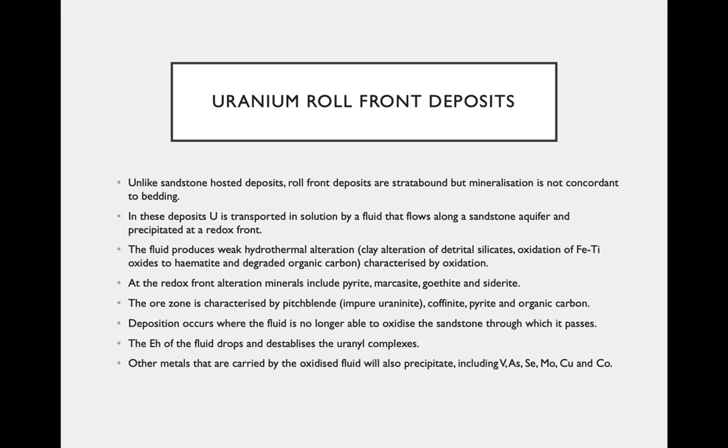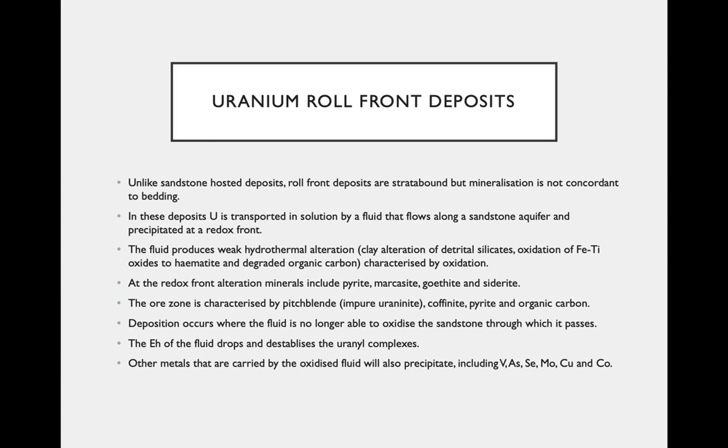And then the ore zone is characterized by pitchblende, impure uraninite, coffinite, pyrite, organic carbon. So the deposition is related to the fluid no longer being able to oxidize the sandstone through which it passes, and the oxidation drops and destabilizes the uranium.